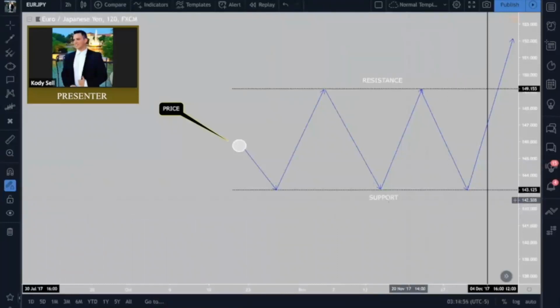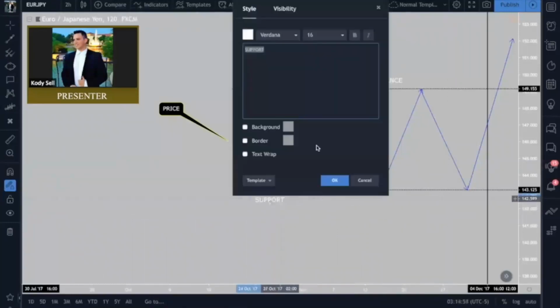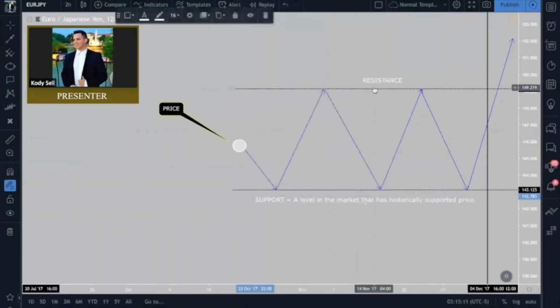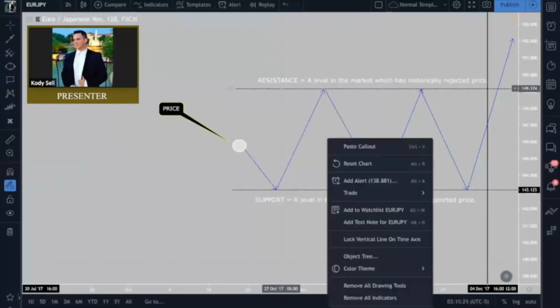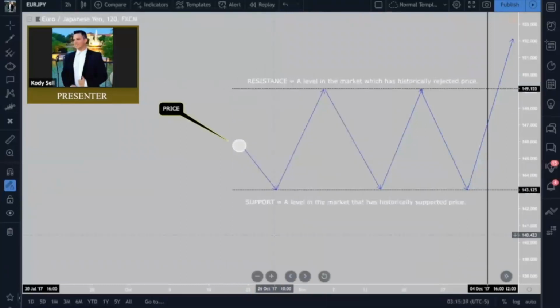And when we say support, what we're talking about is a level in the market that has historically supported price. And when we talk about resistance, what we're talking about specifically is a level in the market which has historically rejected price or pushed price down. So this is fundamentally what support and resistance is.